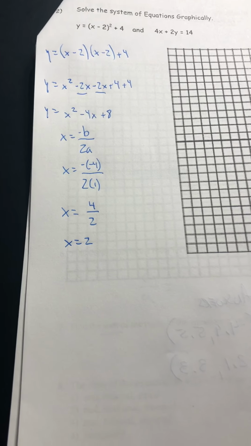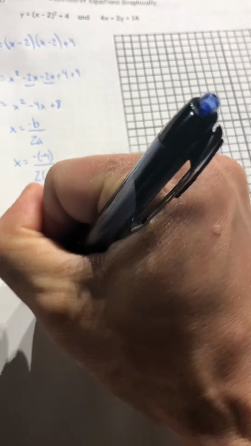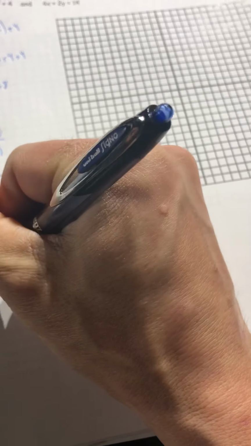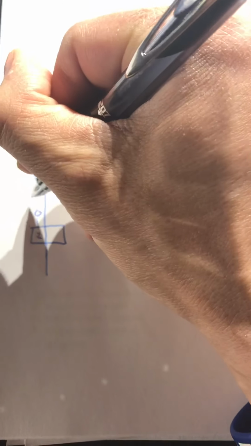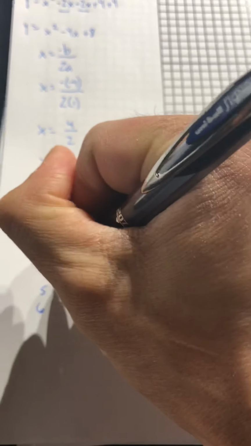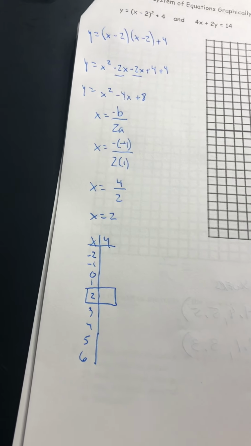So I'm going to take this, and I'm going to create my table. So x and y. In the middle is 2. Then we have 4 values that are less than, so 1, 0, negative 1, negative 2, 4 values that are greater than, 3, 4, 5, and 6. We are going to plug this into our calculator.